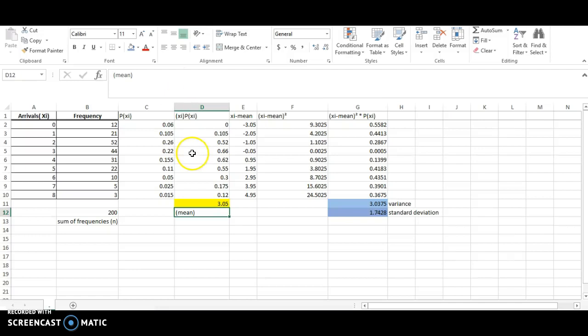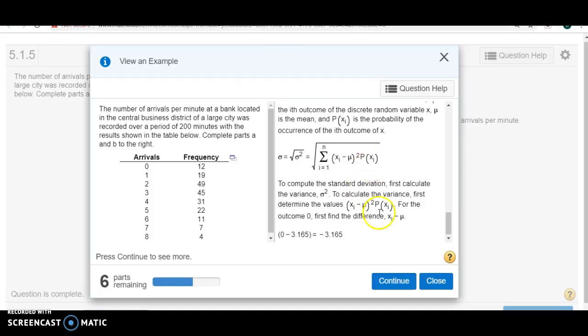Let's go back to our problem. Here's xi, and the mean is 3.05. We do xi minus the mean for each individual one. That is the part of the formula where you see xi minus mu, or the mean.